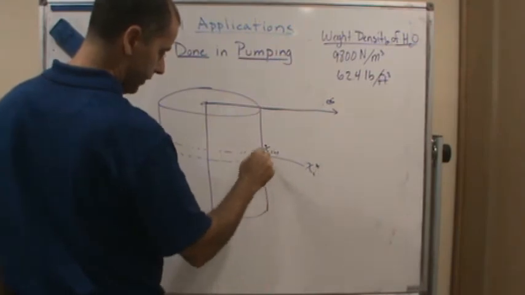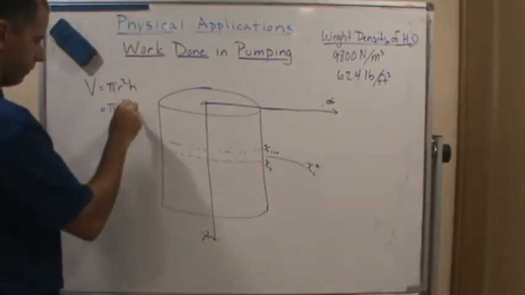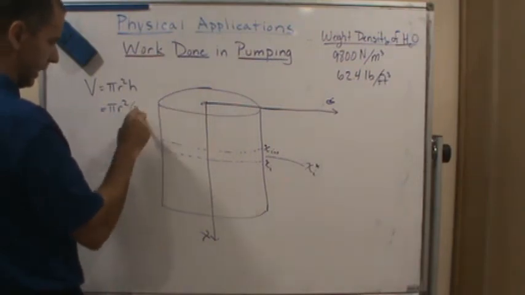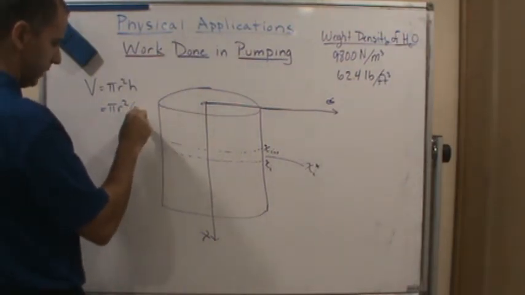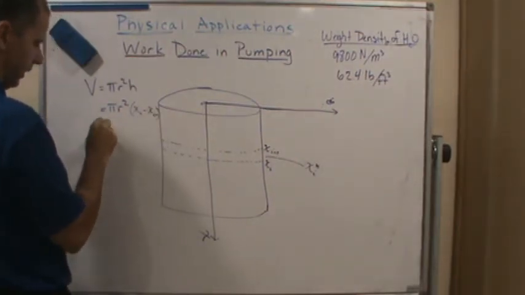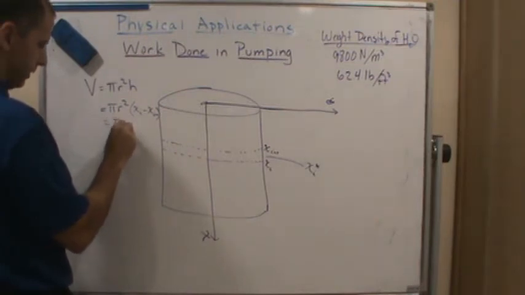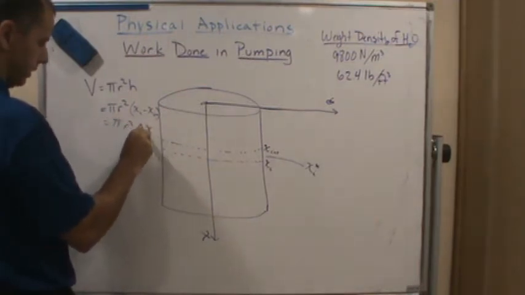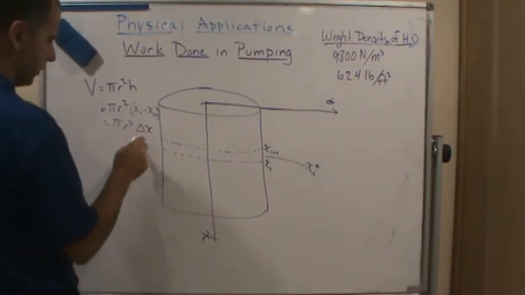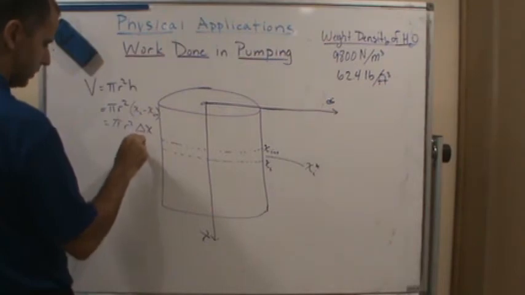So again, this distance is going to be regular, so it's going to be the same. So it's going to be x sub i minus x sub i minus 1, and again, this is just going to be delta x. Okay, so that's the volume. Now, this is cubic units, right? So these are units cubed.